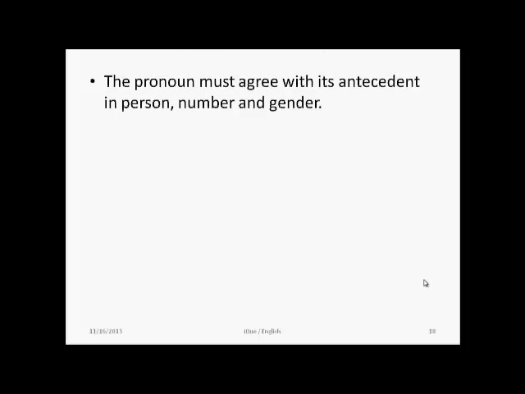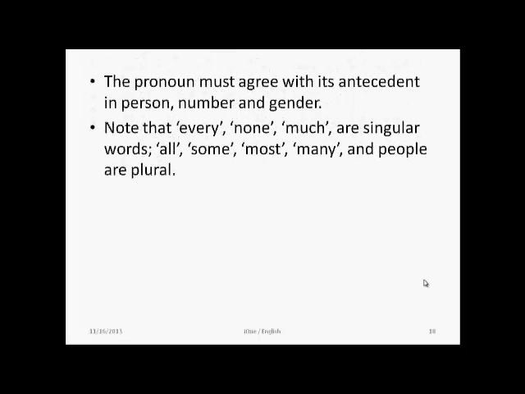The pronoun must always agree with its antecedent in person, number, and gender. Note that words like every, none, much are considered singular words, while words like all, some, most, many, and people are considered to be plural. For example, we do not say everyone must pay their fees.